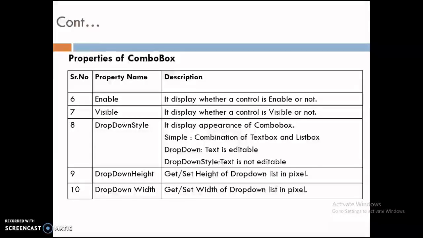And third is drop-down list. Here the text is not editable, meaning the user cannot write in the text box. Now to set the drop-down box size, height and width, we have two properties, drop-down height and drop-down width.